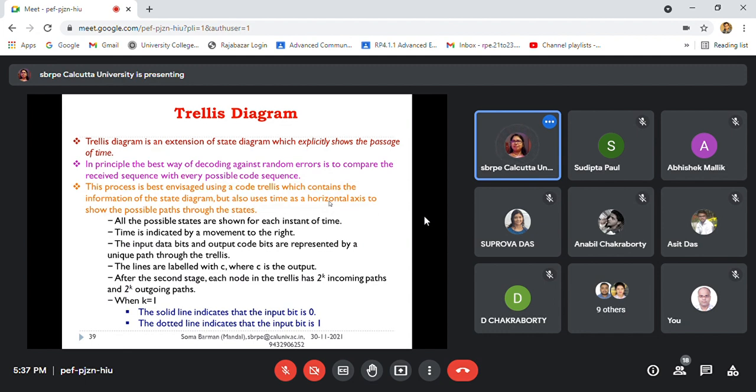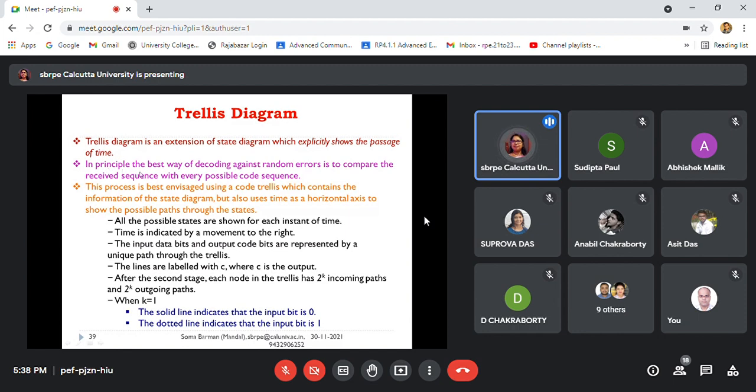The trellis diagram is nothing but the extension of the state diagram, which explicitly shows the passage of time. As convolution coding is a dynamic, memory coder, you have to take the time history or dynamic nature of the coder, so this can be represented by the trellis diagram.